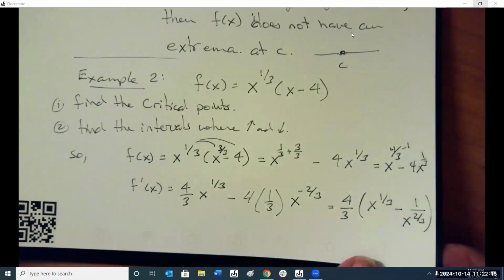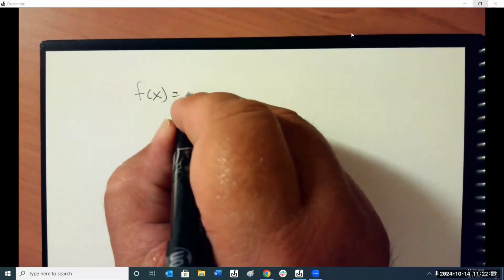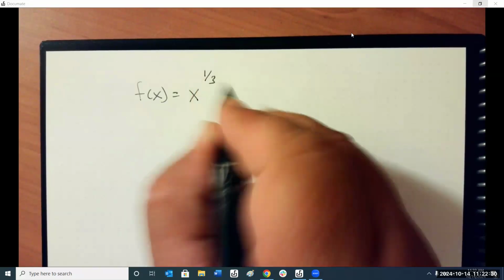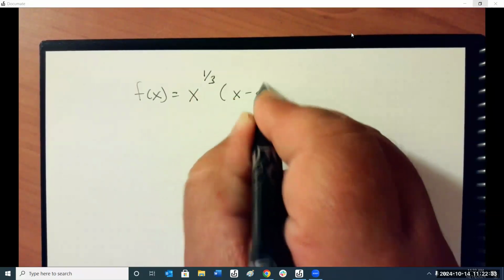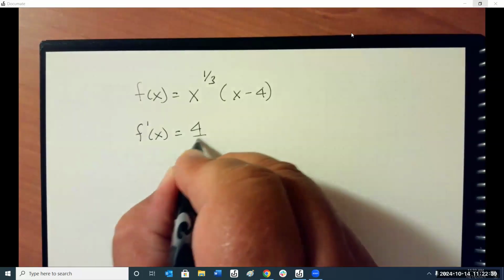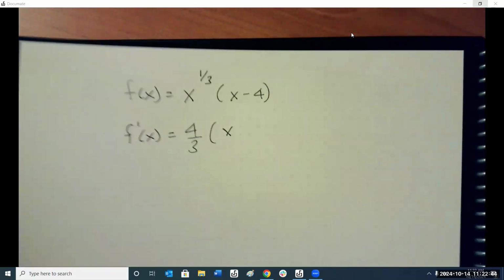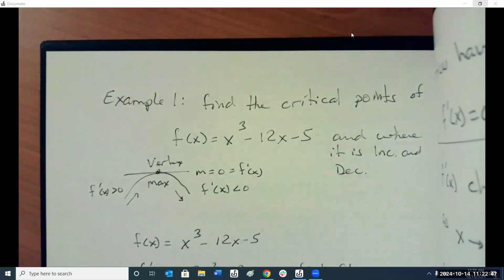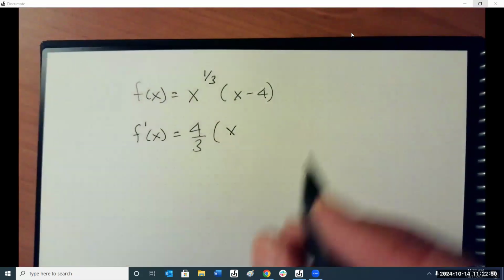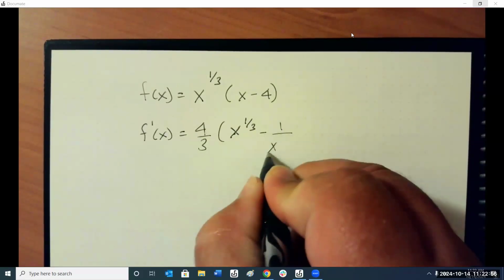Let me write that down on the next page so we can see what we have. So our original function was x to the power 1/3 times x minus 4, our first derivative, 4/3 x to the 1/3 minus 1/x to the 2/3.